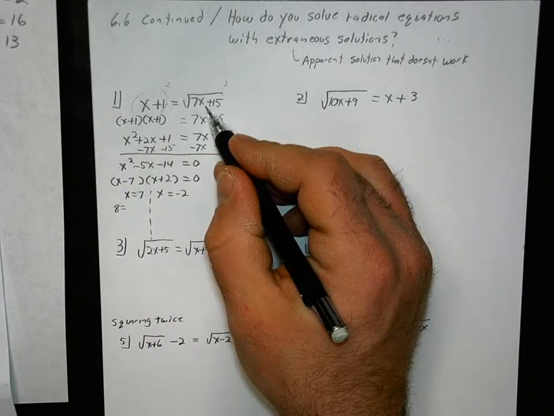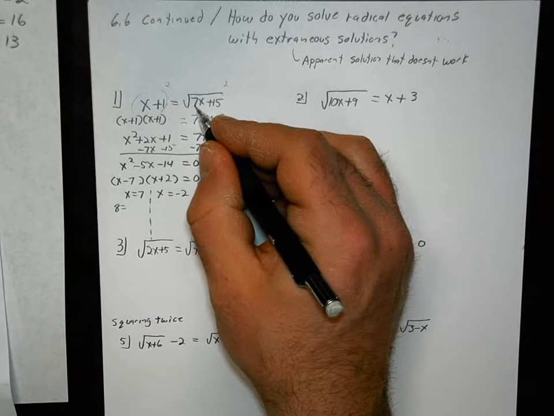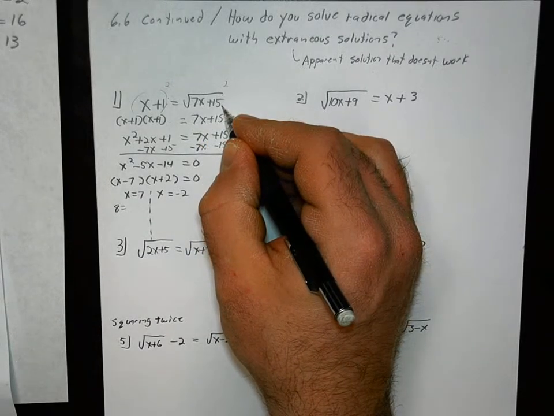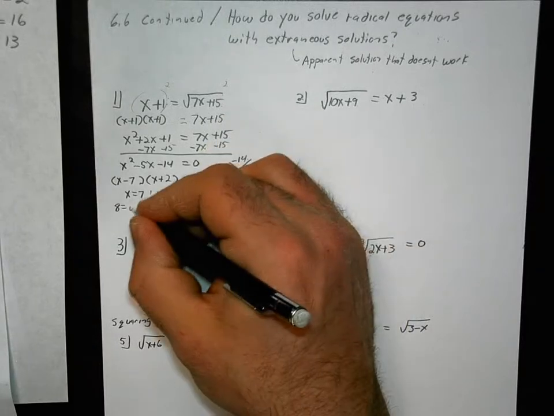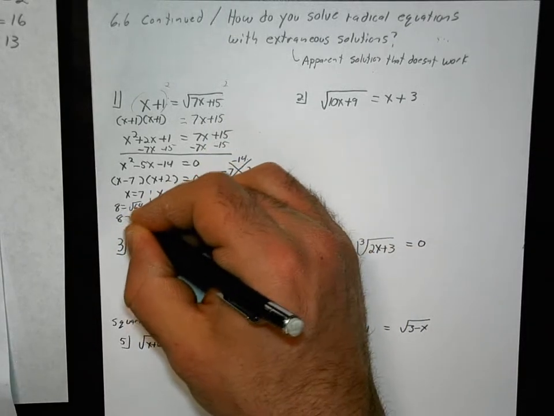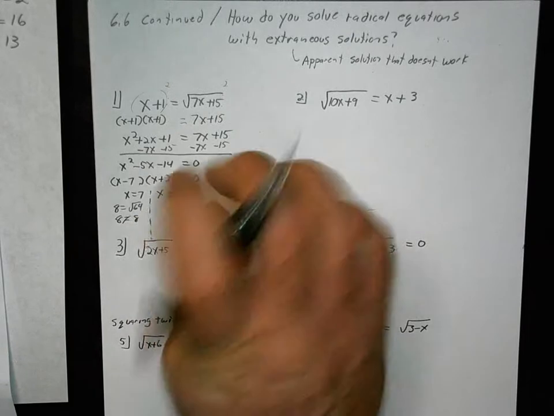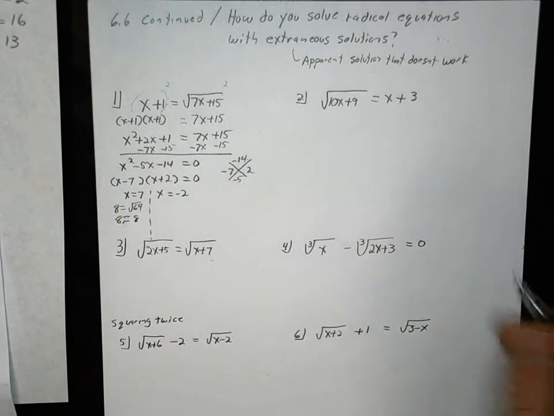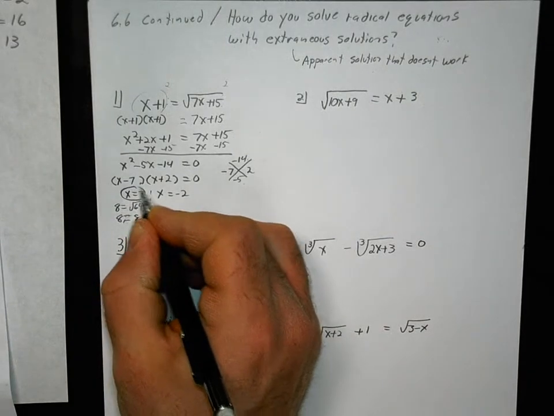If I plug in 7 on the right side, 7 times 7 is 49. 49 plus 15 is 64. I get the square root of 64. So I get 8 equals 8, and that works. Those are equal. So that one's okay. So this 7 is a solution.